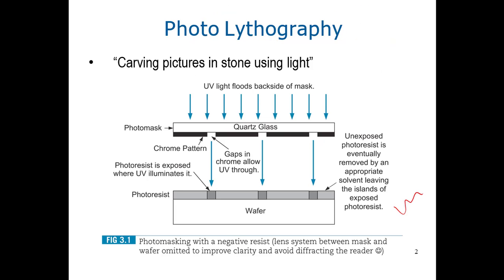Okay, so this is a nice picture which shows how ultraviolet light is used to transfer your circuit. So here is the mask, which is a capture of your circuit, and it has areas which allow the light to pass.